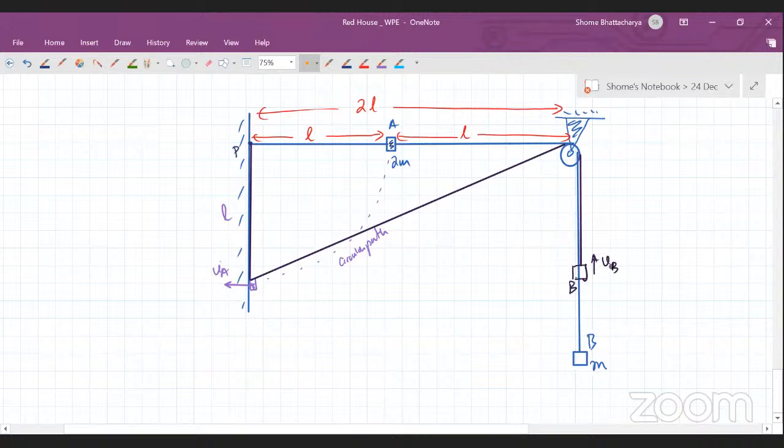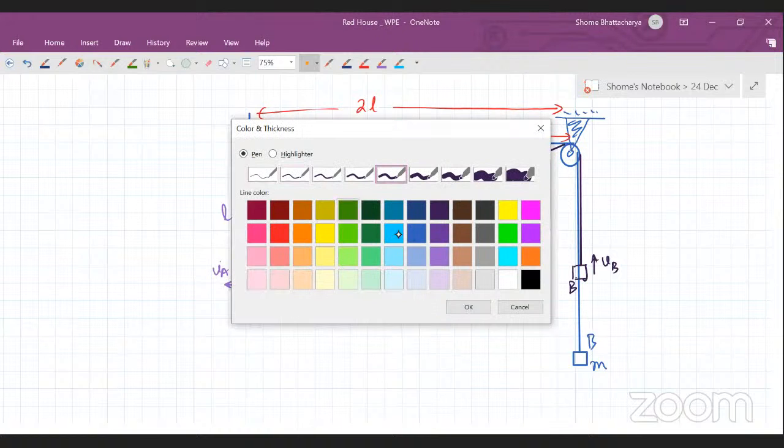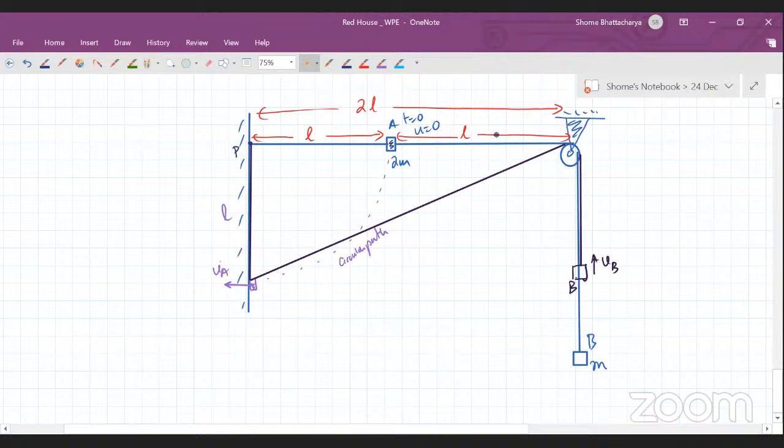This would have some upward velocity VB. So if these were the positions at t equal to 0, now at this particular instant of time, when A is about to hit the wall, this is going to be the position.